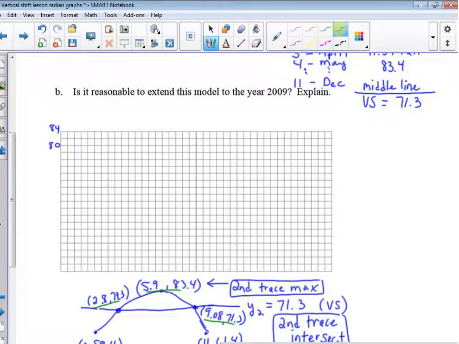So this was 80, this was 76, 72, 68, 64, 60, 56, 52, and then this is 0 down here. I think I went like up 1. Oh, pretty good straight line.